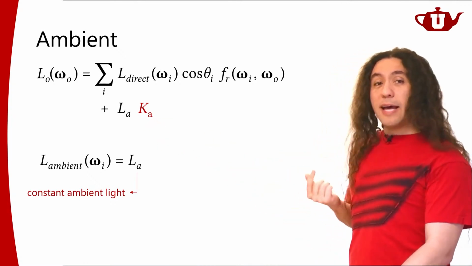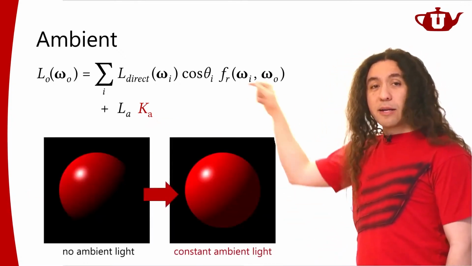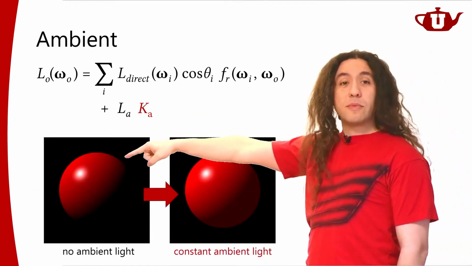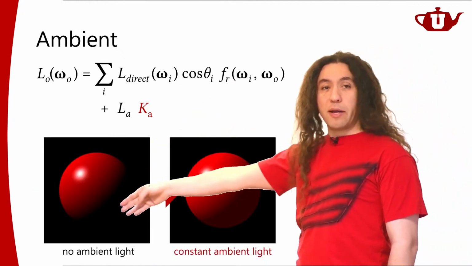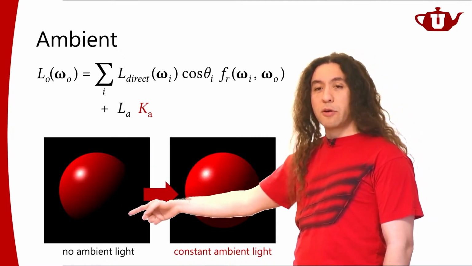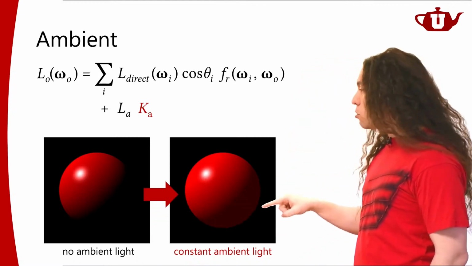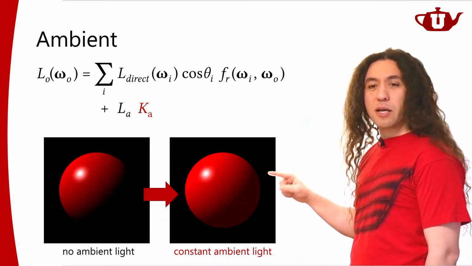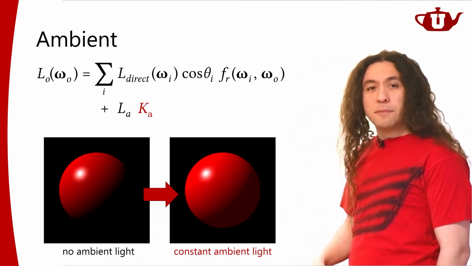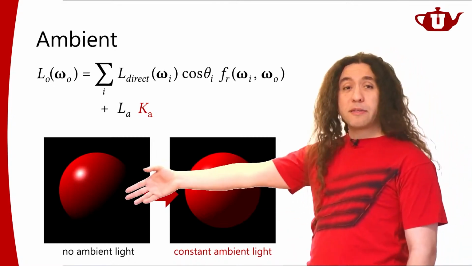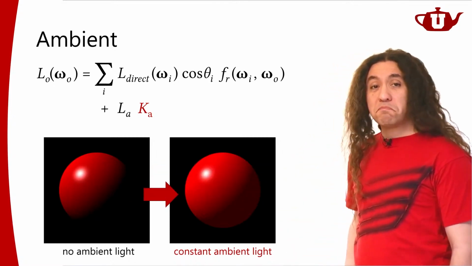What it did was that it allowed us to go from an image that looked like this, where this side was completely pitch black and you couldn't tell where the sphere ended, to this image where you could see where the sphere ended, but it was just a constant flat ambient, right? So no ambient versus ambient.